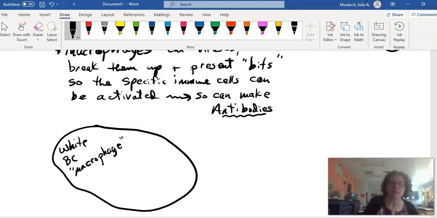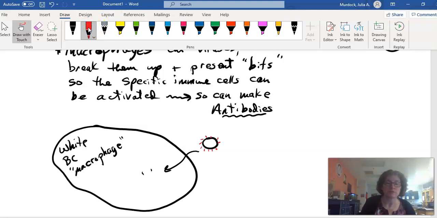And here's your virus, that same little virus that's running around creating havoc, infecting your cells and causing problems for you. Here's that COVID-19 virus. In it goes into the macrophage and it gets broken up into pieces. Some of those pieces are part of the RNA, and some are part of the proteins, and it all gets broken up into bits.